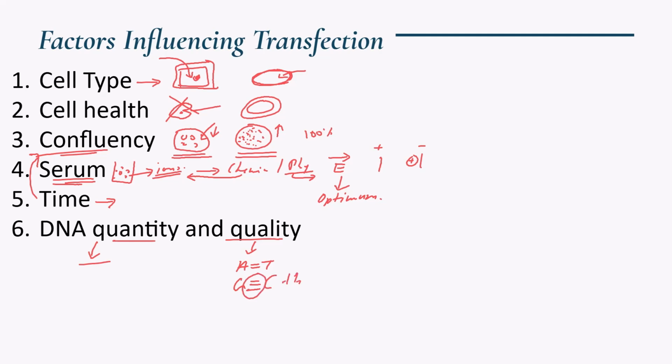But compared to this, if AT is more, it has fewer hydrogen bonds. Only 2 hydrogen bonds are there. So when AT is more, the stability of DNA is decreasing, right? Since the stability is decreasing, the quality of DNA is being compromised. So these are a few factors that influence the transfection. Hope you understood.